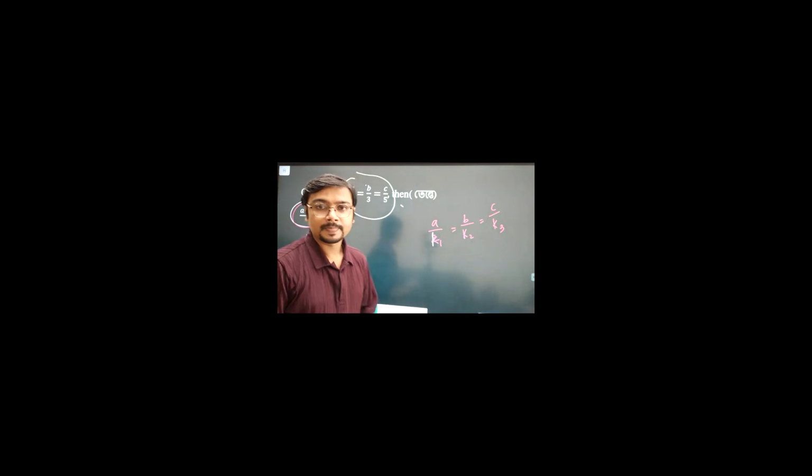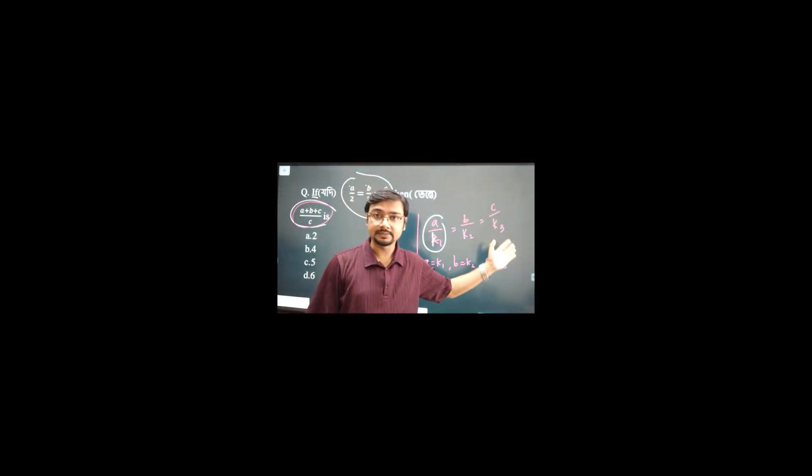If this type of ratio is given, a upon k1, b upon k2, c upon k3, simply we consider a equal to k1, b equal to k2 and c equal to k3. If we choose like this, you can easily find a, b, c and then put them here, you will get the answer.